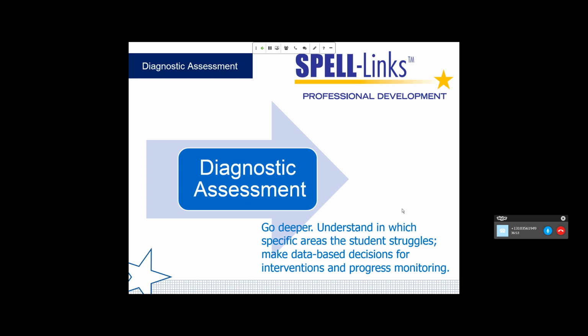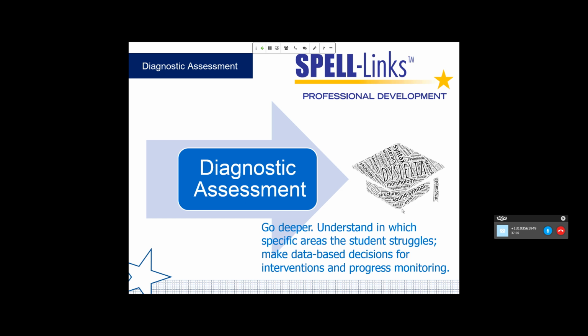This is a step where we're going to dig deeper in order to understand in which specific areas the student is struggling, so that we can make more refined and data-based decisions for our interventions and our continued progress monitoring along the way. And this is especially important for these students who do have dyslexia, because we need to intervene early, and we also need to intervene in a very targeted way.